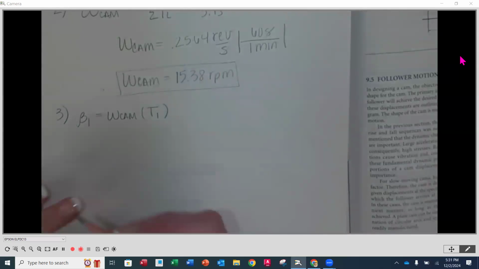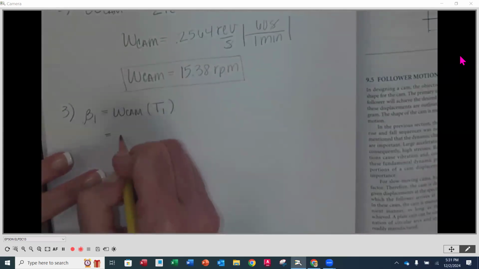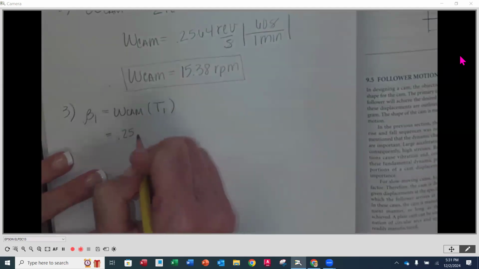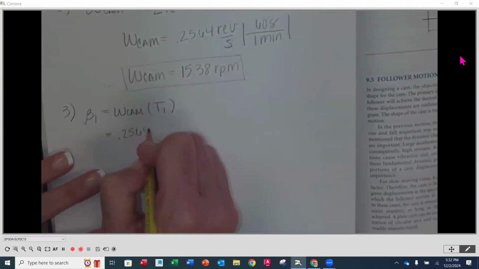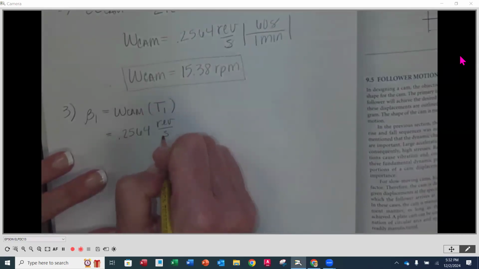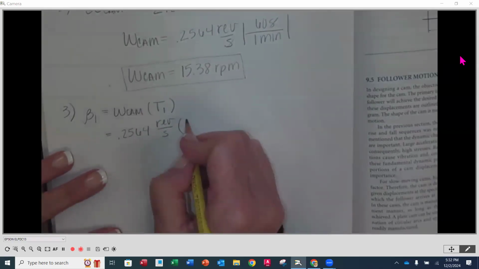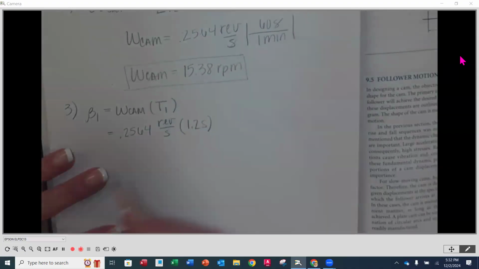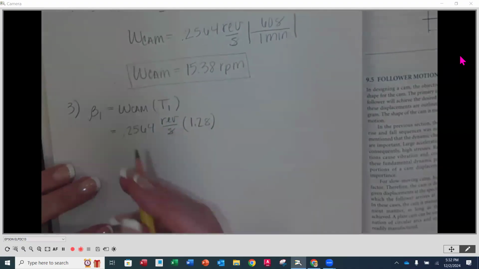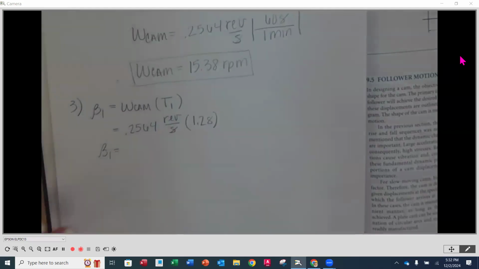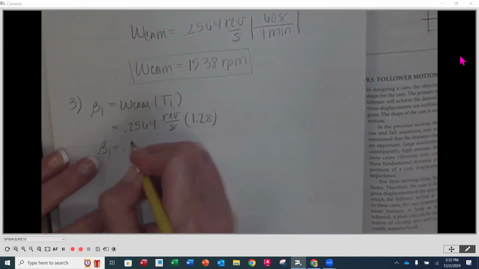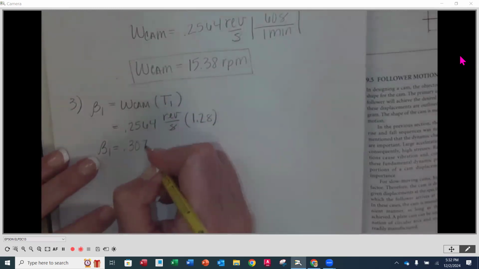So W of our cam, 0.2564 revolutions per second, times 1.2 seconds. Our seconds cancel, and now we have our beta 1 in revolutions. How much of a revolution are we going to get for that first beta 1? 0.3077. Is that what you guys got?